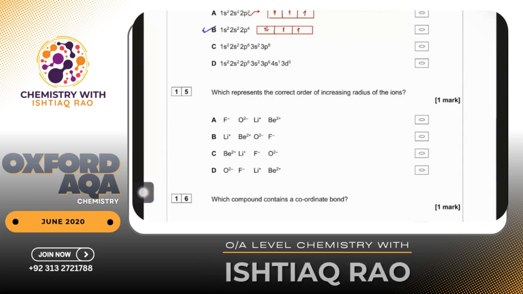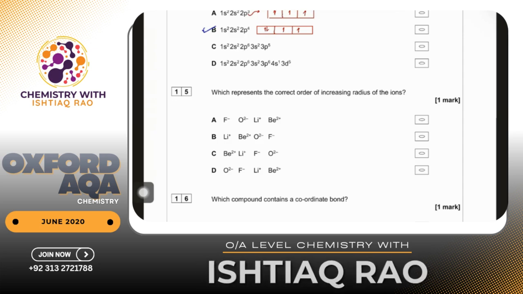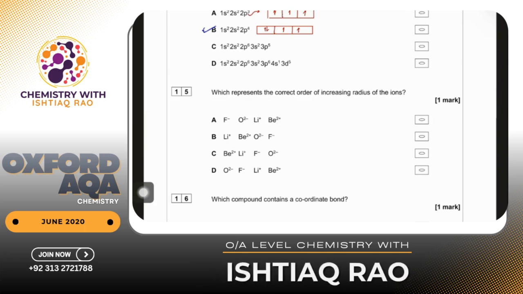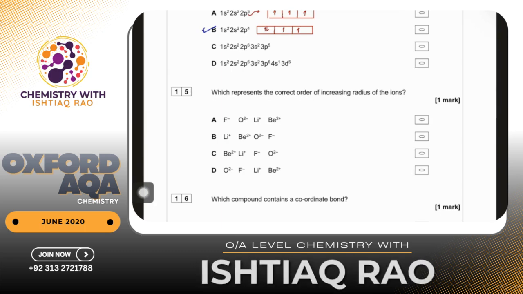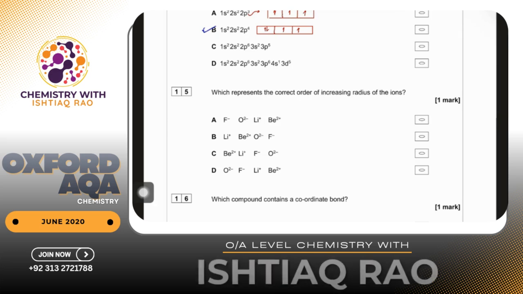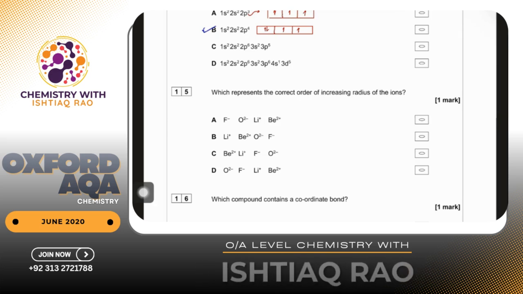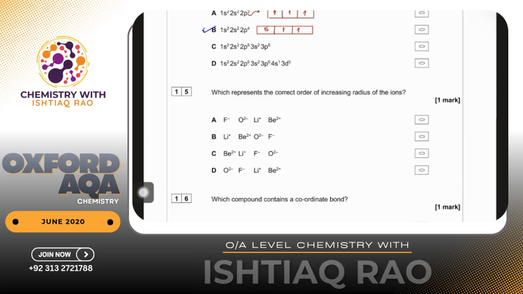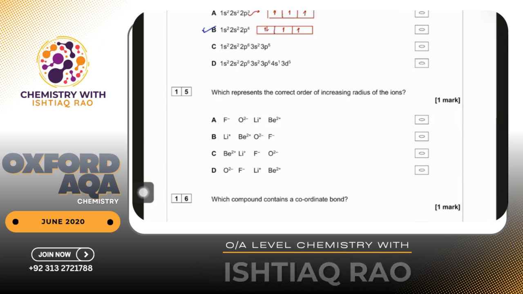And then B is correct, I think. C is, first of all, the thing is, are cations smaller or anions? The size of cation is smaller or anion?